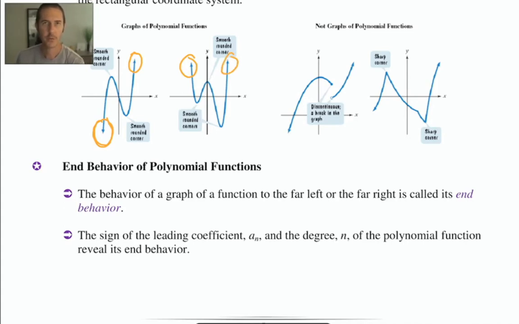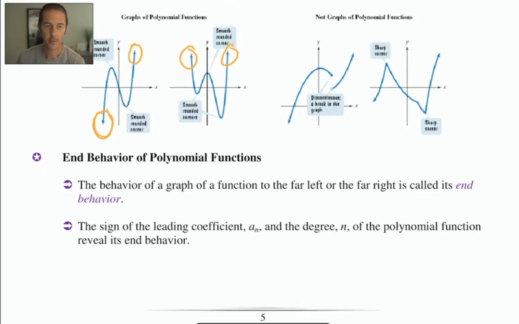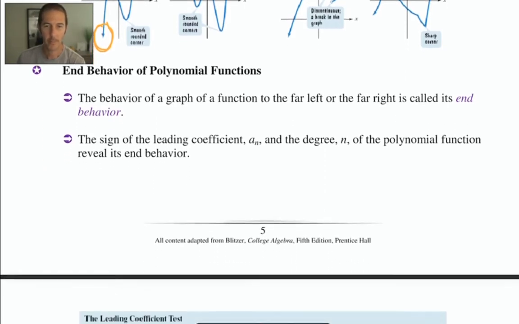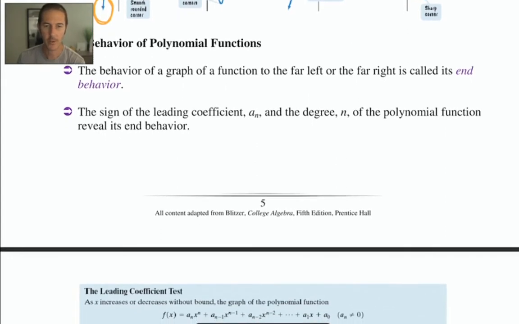Those are all the possibilities that you're going to run into for end behavior. It's either going to rise left or fall left, or it's going to rise right or fall right. That sounds more confusing than it really is. But that's what we're talking about when we talk about end behavior.